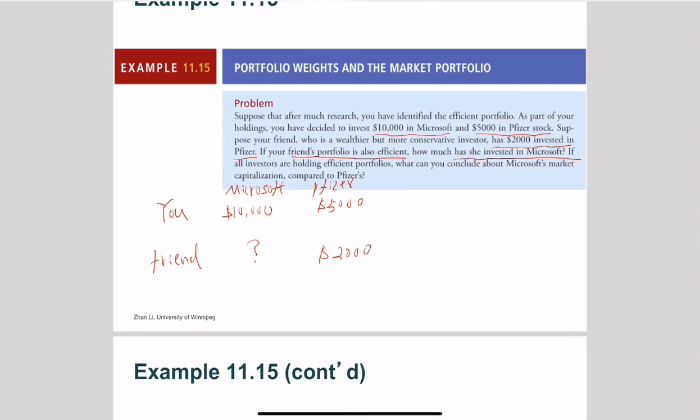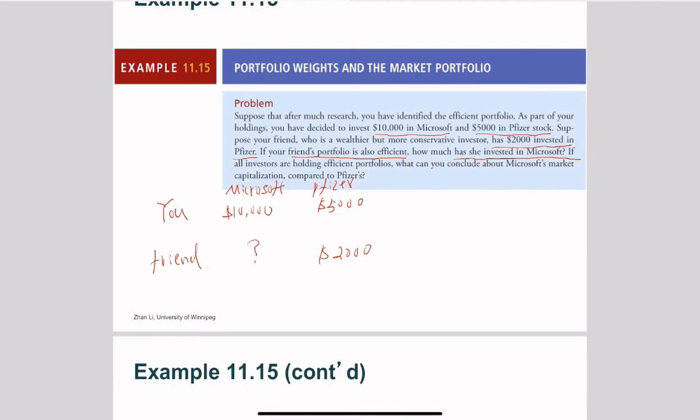Now, what does the statement every investor holds the same efficient portfolio mean? Well, the same does not imply you're investing the same amount of money as your friend. It implies the portfolio weights of your portfolio should be the same as the portfolio weights of your friend's portfolio.